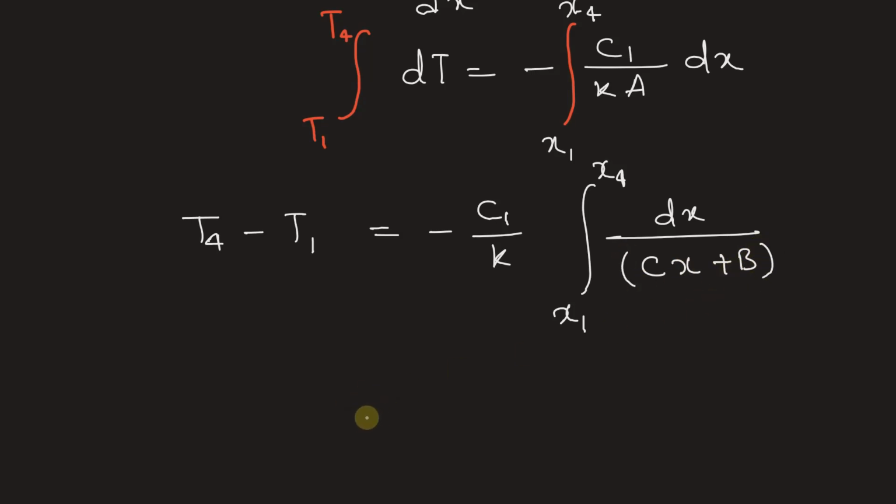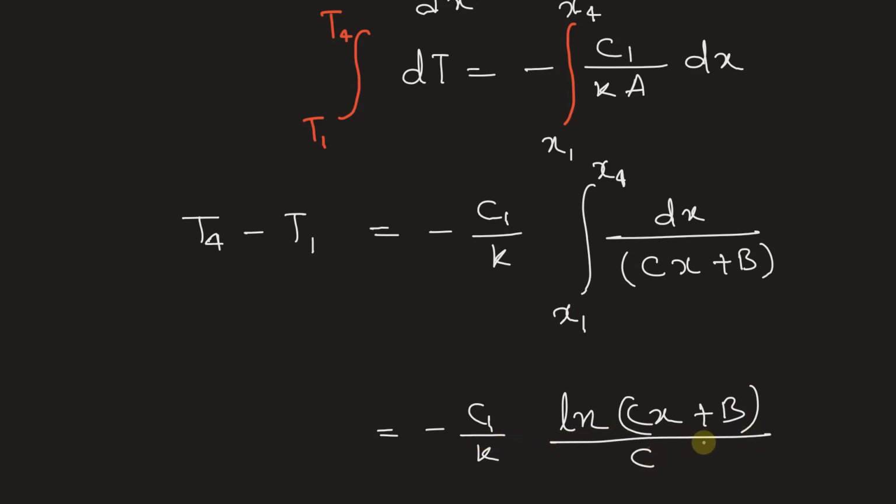Now this can also be written as negative C1 upon k. The integral will become ln(Cx plus B) divided by C, from limit x1 to x4.